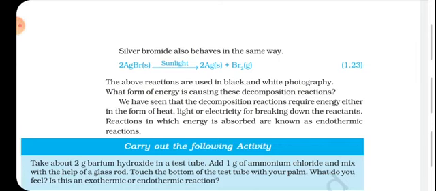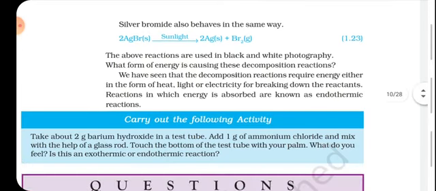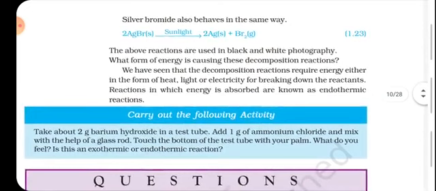We have seen that decomposition reactions require energy either in the form of heat, light or electricity for breaking down the reactants. Please note, students, that the reactions in which heat or energy is absorbed are known as endothermic chemical reactions.